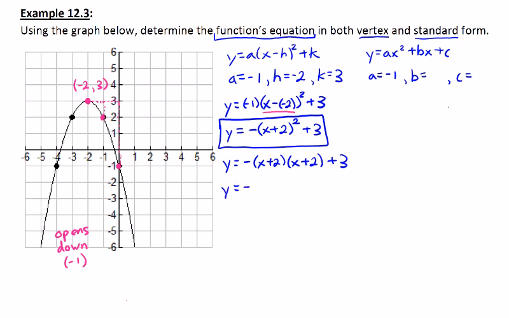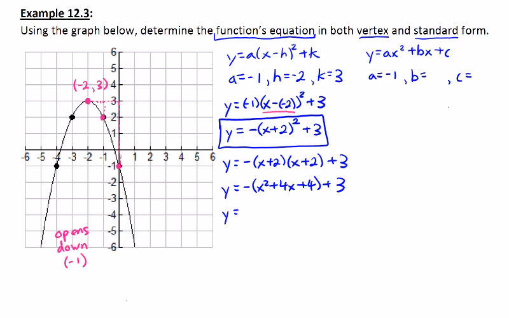When I perform the distributions on that, I'll end up with x squared plus 4x plus 4. And all of that stays in parentheses because the result of that squaring has to be multiplied then by -1 before you can add 3 to it. Think about order of operations.